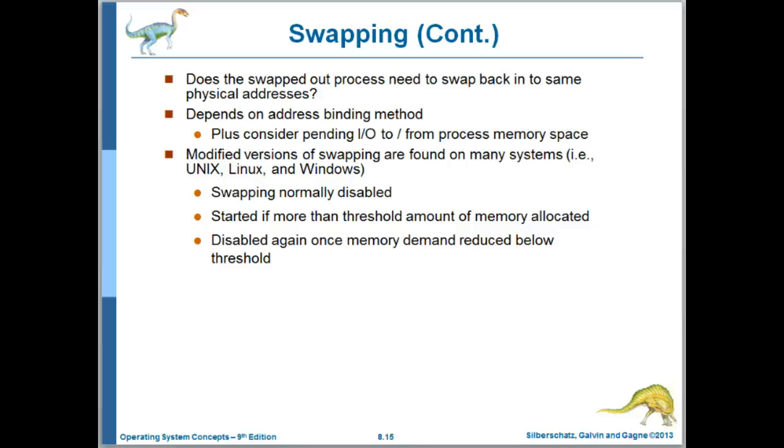If that I/O is being performed into the process's address space, then we have to wait for that I/O to complete before we swap the process out. Otherwise, that I/O would be performed into some other process's address space, which would be an error.